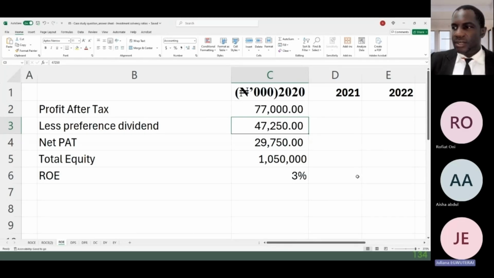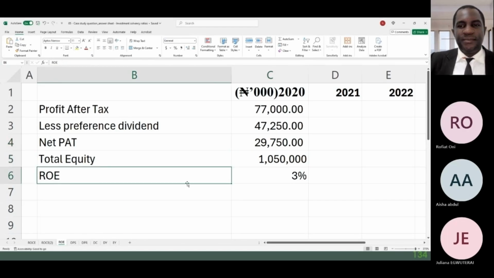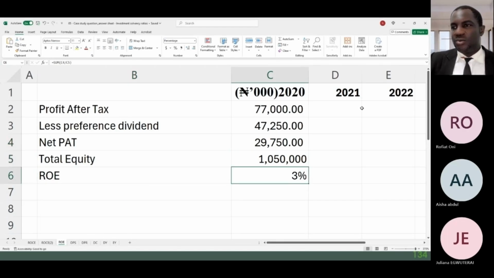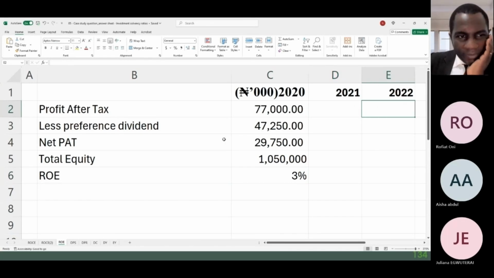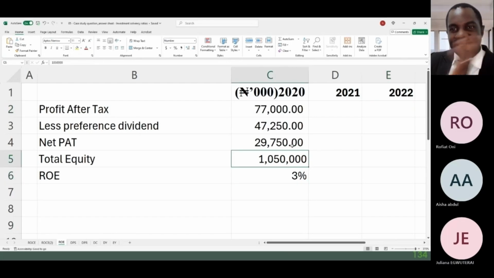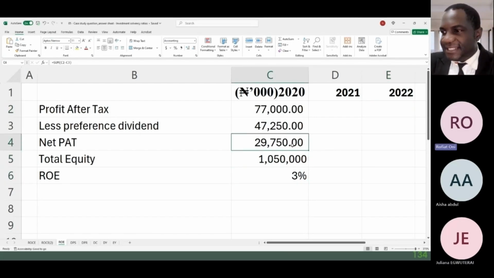Sorry, I didn't catch your thoughts on that. What did you say? I am just seeing the less preference dividends. Oh, okay, fantastic. All right, so can we do 2020, 2021, 2022? We have Aisha, we have Julie. Can we test? Can we do that quickly? Yes. Thank God we don't have the second variant, so it won't take time like the last rows we did. So Aisha, can we test it? Yes, I'm on it, sir.